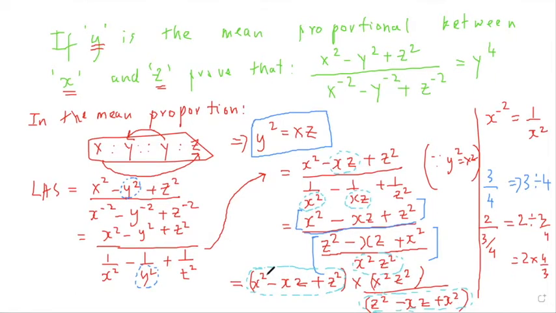There's an x squared here, an x squared here, a z squared here, a z squared here, and a minus xz here as well. So this can be cancelled away. And what you're left with is x squared z squared. Oh, okay, sir. 1 minute.